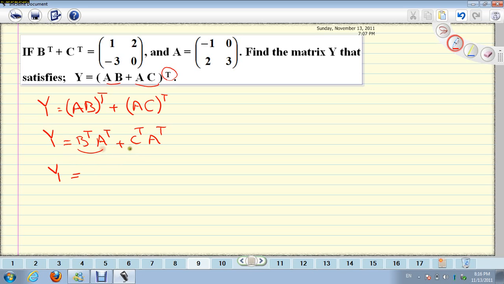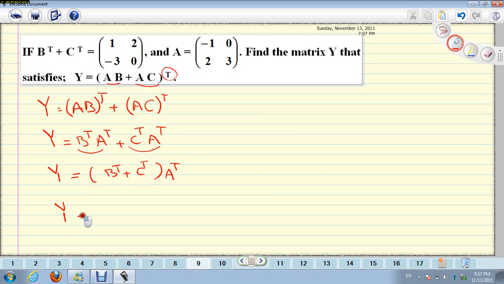Simply I'm gonna take A as a common factor, and you must take into consideration that A transpose will be on the right side, because A transpose is to the right of C transpose, and A transpose to the right of B transpose. So when you take A transpose as a common factor, it should be to the right, and here will be B transpose plus C transpose.